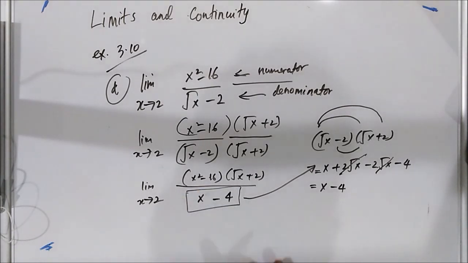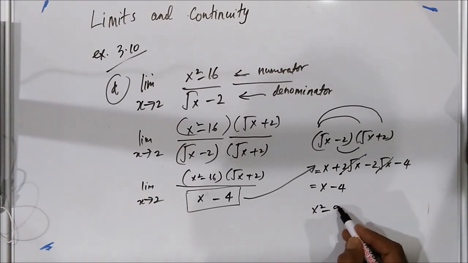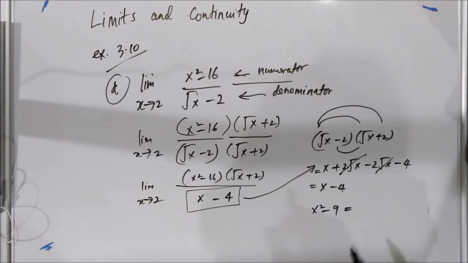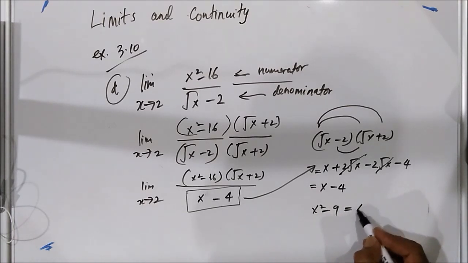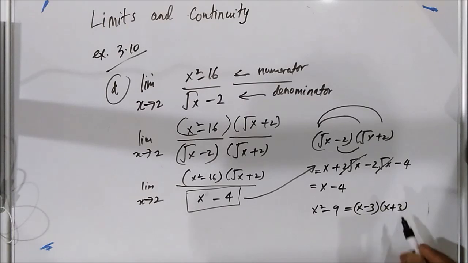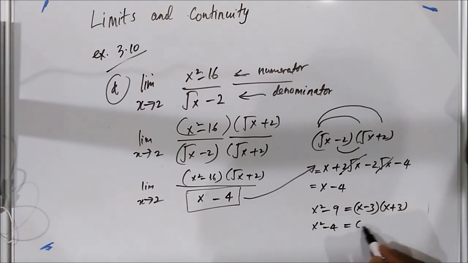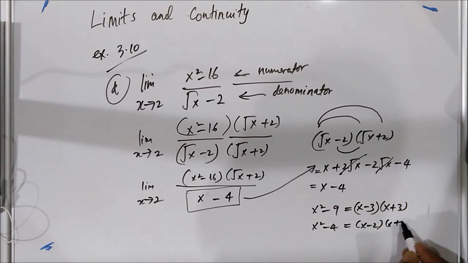Now we know that x squared minus 9 is equal to x minus 3 times x plus 3. Now if I have x squared minus 4, this is equal to x minus 2 times x plus 2.